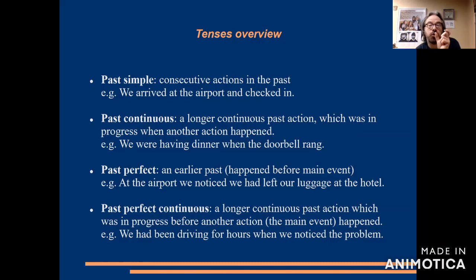In most cases, that's a shorter activity. So the longer activity will be in the past continuous. We were having dinner, continuous, when the doorbell rang, a simple.